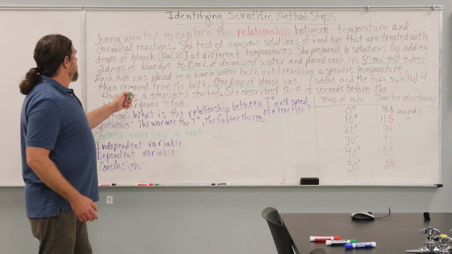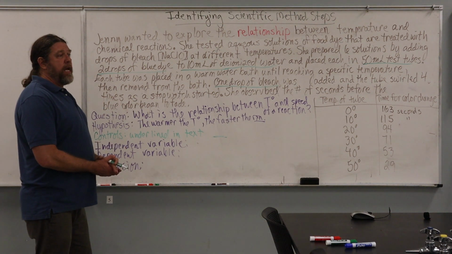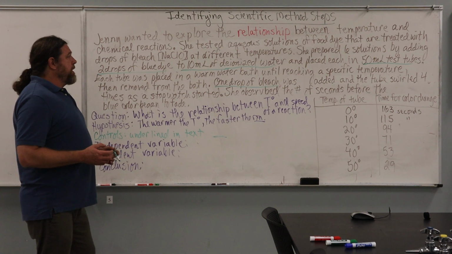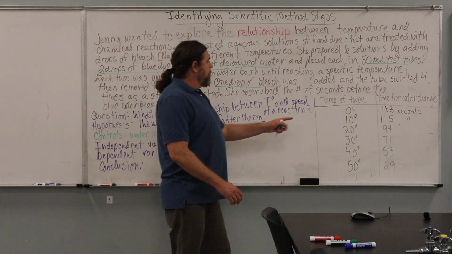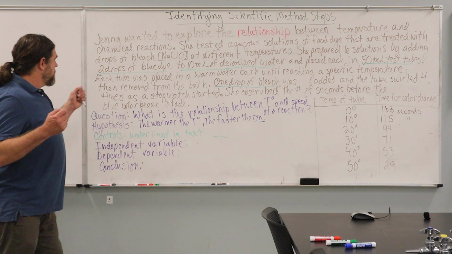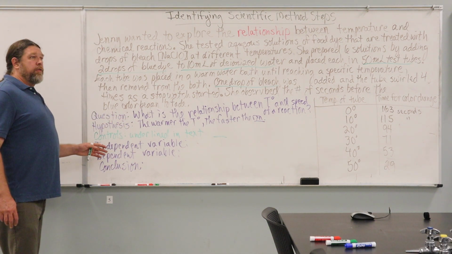They all got the same bleach, and they all had the same concentration of food dye. The only difference is the temperatures at which the reactions began. That obviously is a significant difference, and that is basically driving the reaction.